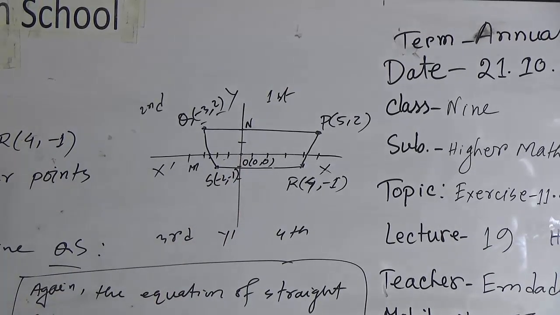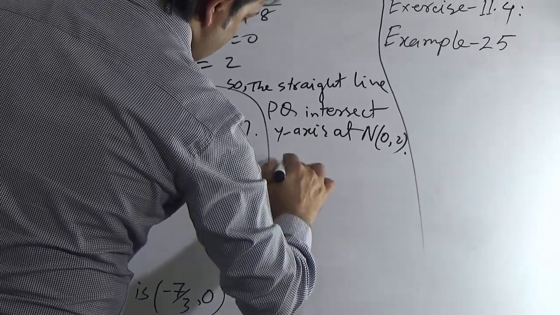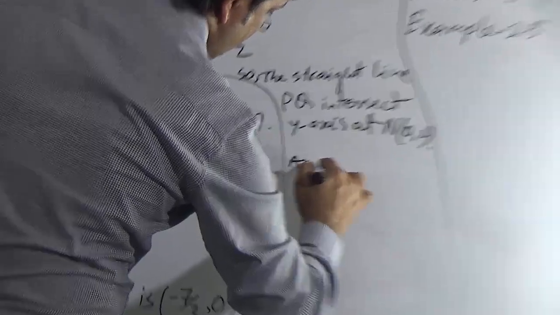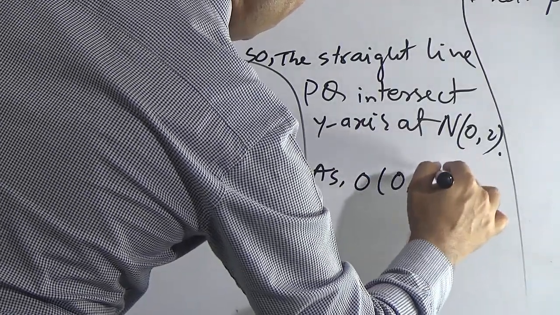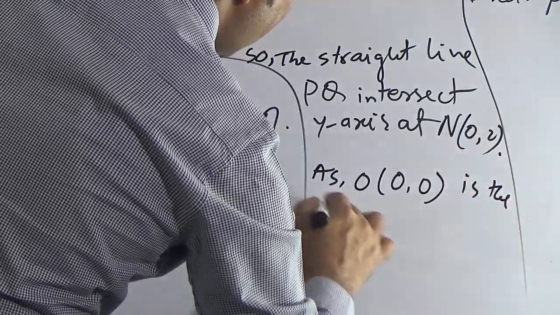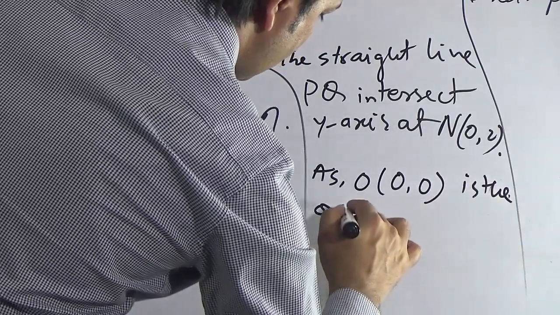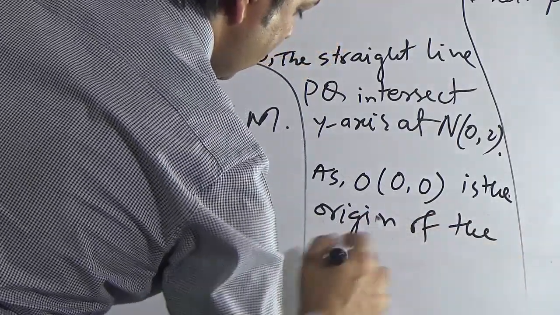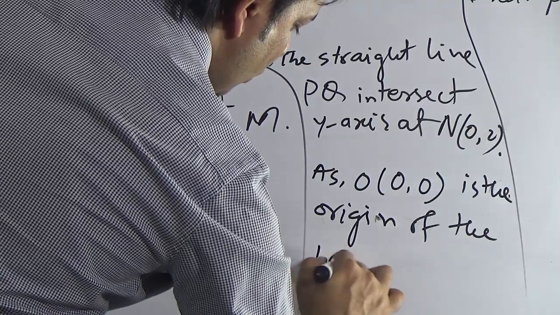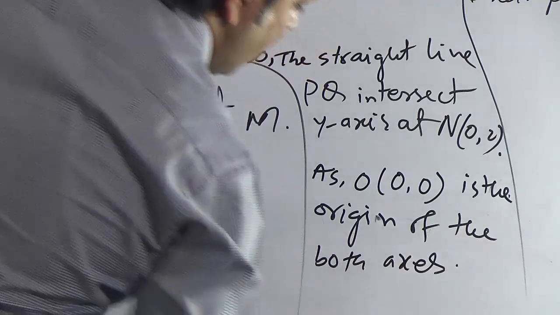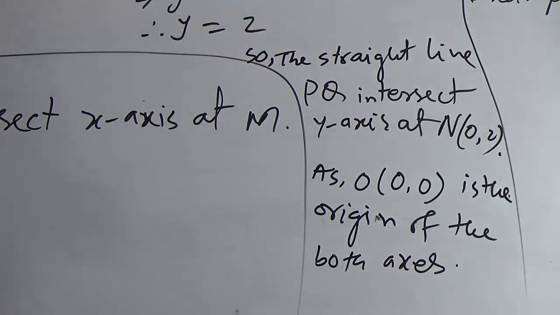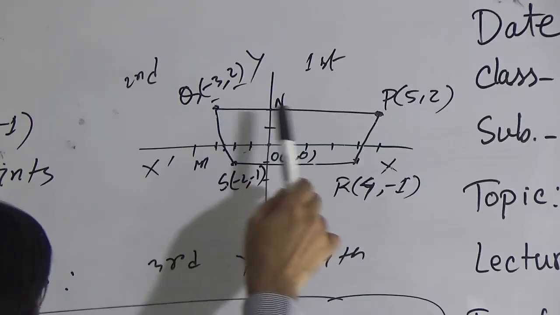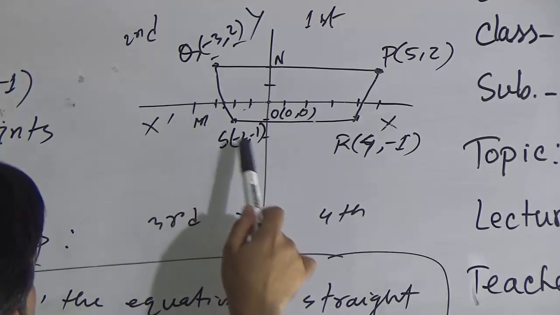Now we can determine the area of the quadrilateral QMON. As we know all the points here, O is the origin, 0, 0, of both axes, so we can determine the area in the second quadrant portion of the quadrilateral PQSR.